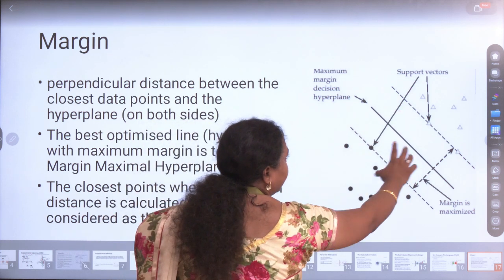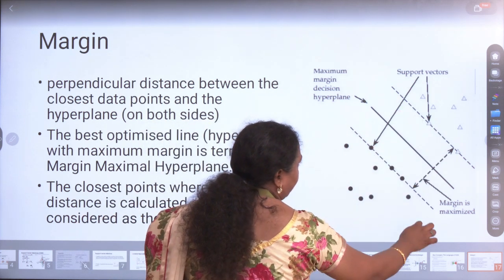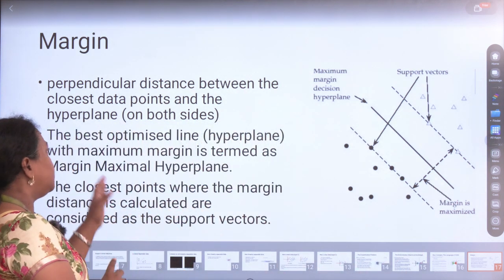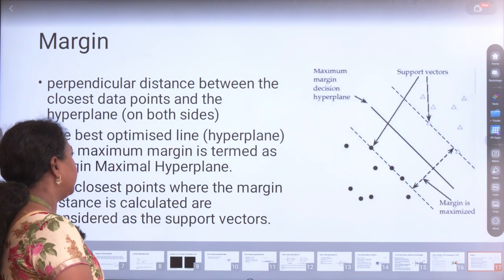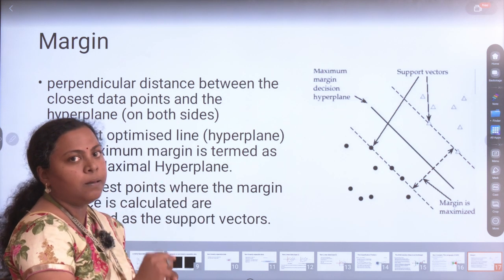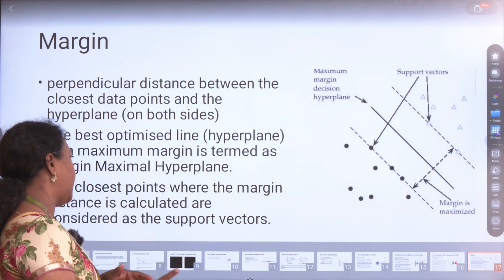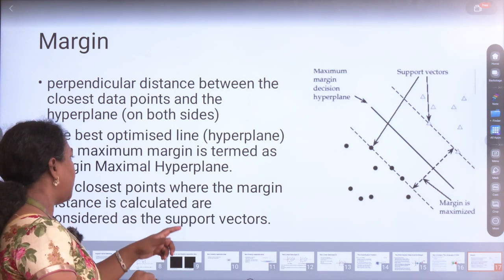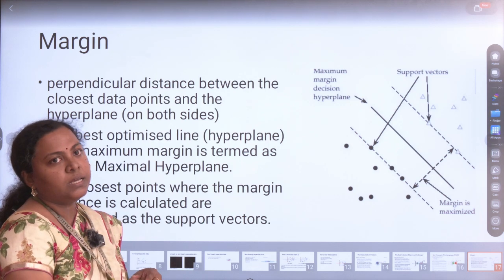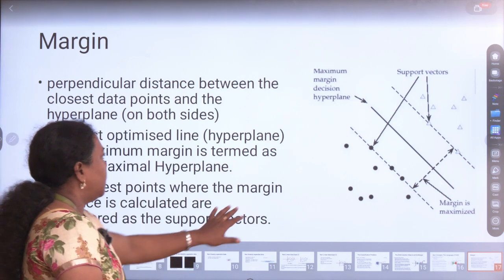This is the hyperplane and these are the data points, and this is the margin between them. The best optimized line, that is the hyperplane with maximum margin, is termed the maximal margin hyperplane. The closest points where the margin distance is calculated are considered the support vectors.